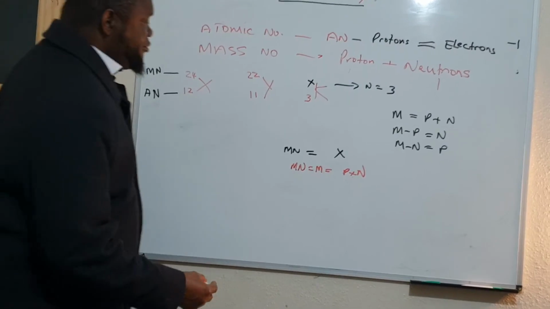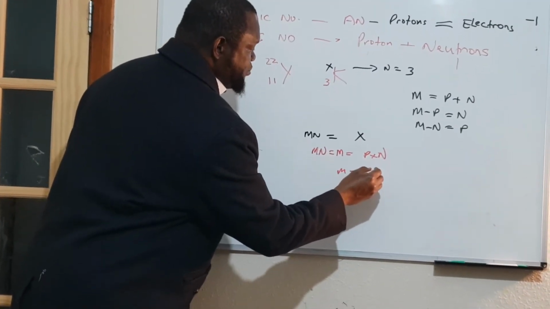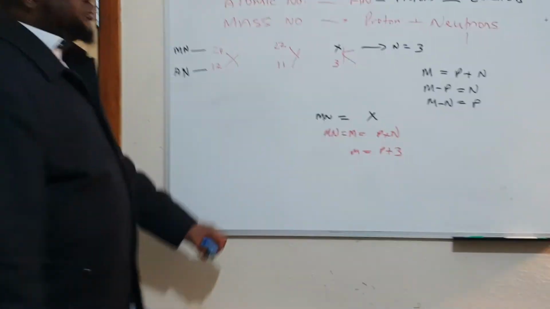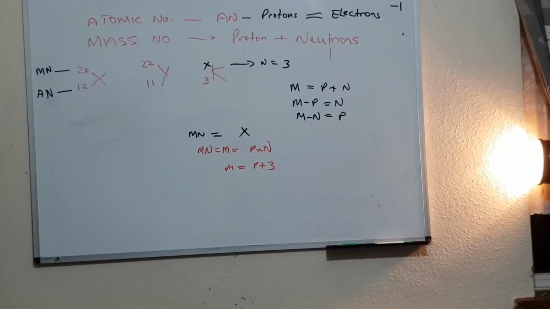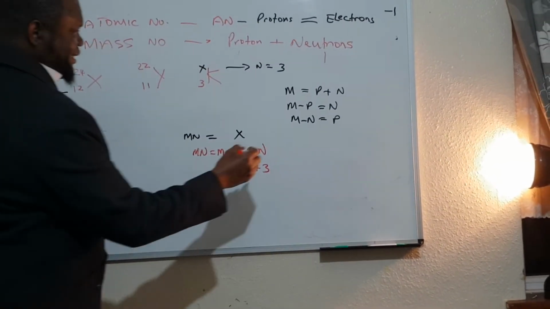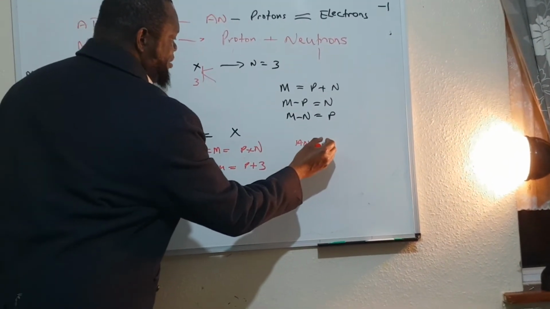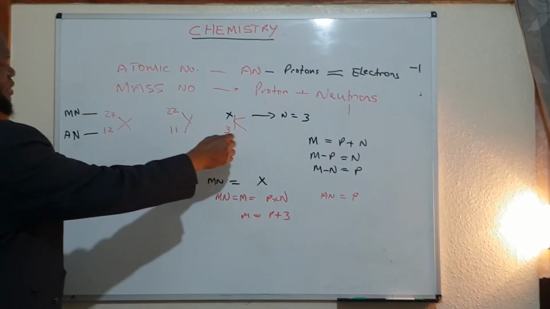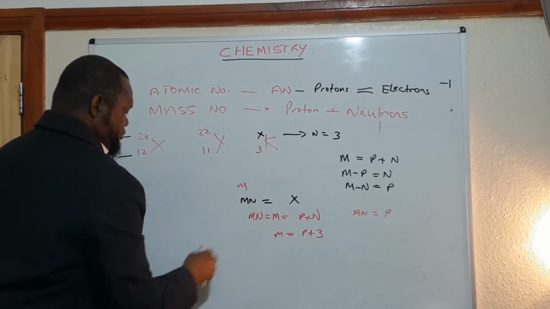Therefore, M is equal to P plus 3, because N is equal to 3. But we also know that the atomic number is equal to the number of protons, P.